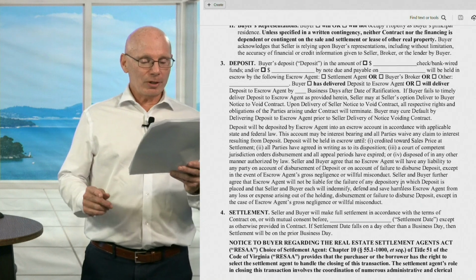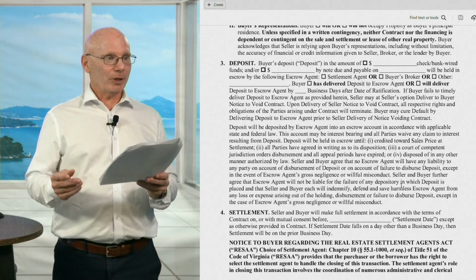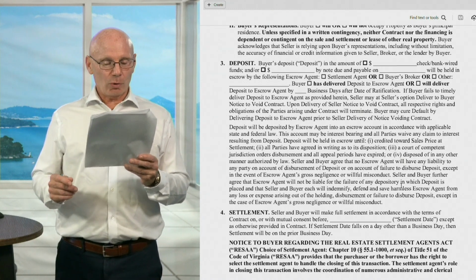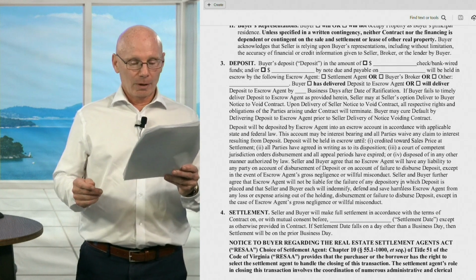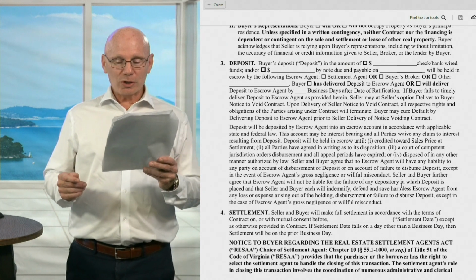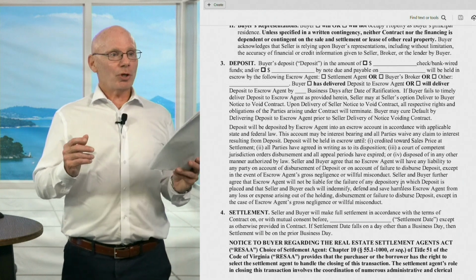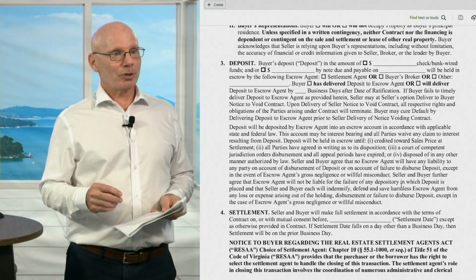Two, all parties have agreed in writing as to its disposition, i.e. a release, right? Three, a court of competent jurisdiction orders disbursement and all appeal periods have expired. Or four, disposed of in any other manner authorized by law. Those are the only 4 ways that earnest money deposits can be dispersed.